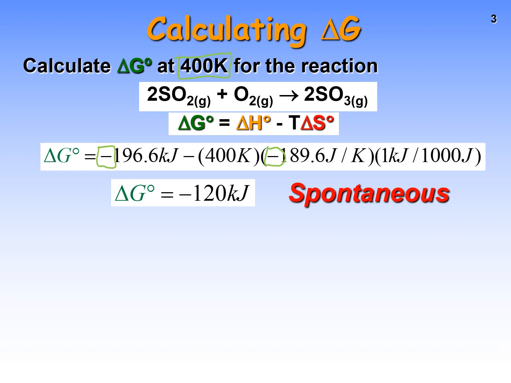In general, the larger your temperature here, the larger this whole term will be, right? And since it's negative here, that makes this guy positive, which will bring up our delta G. Which in our case is not a good thing for spontaneity.